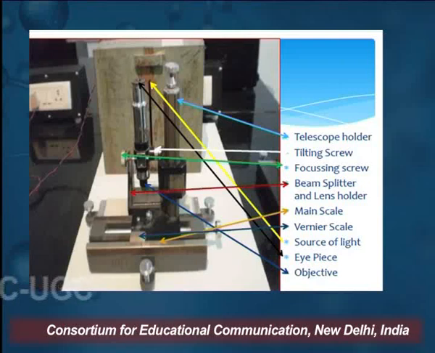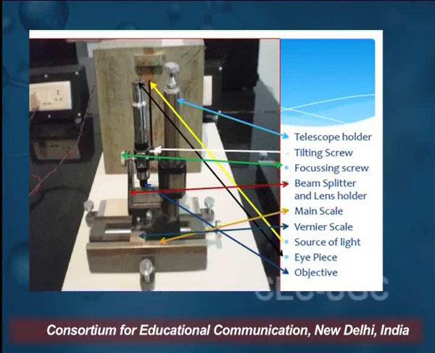Tilting screw moves the telescope, and there we can get the exact and best position of a particular ring by moving this tilting screw. It means we can put a cross wire on a particular ring by using this tilting screw.